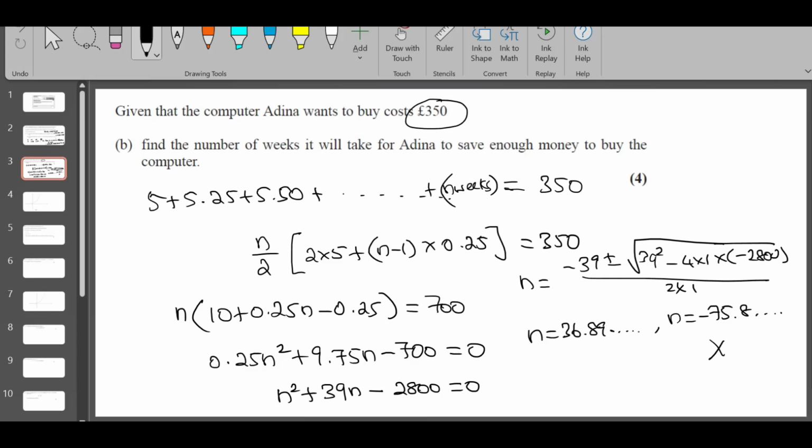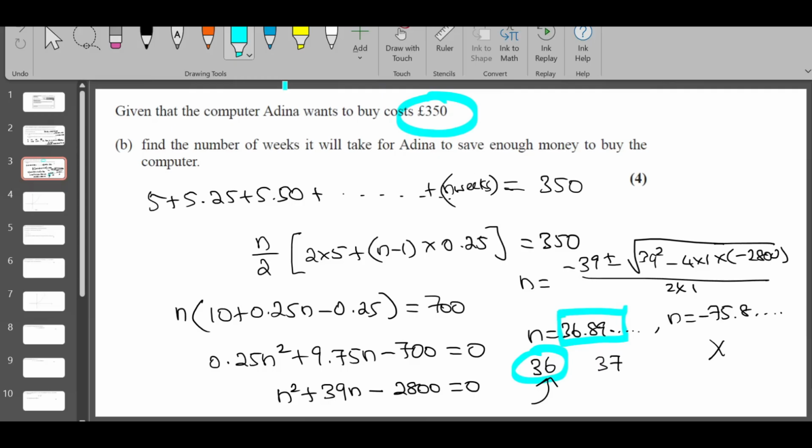You see, n is the number of weeks. It has to be either 36 or 37. It cannot be 36.89. What does that mean? She will not save this money in 36 weeks because she needs 36.89 weeks. That means 36 weeks and some days, not one whole week, right?